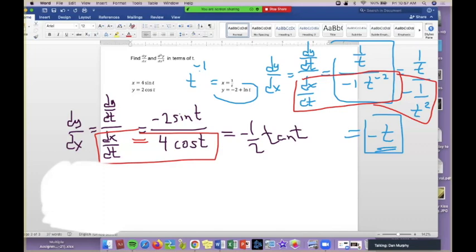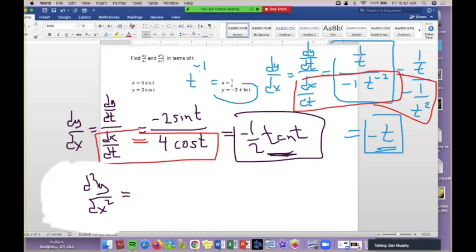Now the second derivative of this, d2y/dx2, is going to be this derivative right here. You can do the quotient rule if you want. I think it's much easier to just take the derivative of this, which would be -1/2 secant squared of t over, just rewrite this, 4 cosine of t.